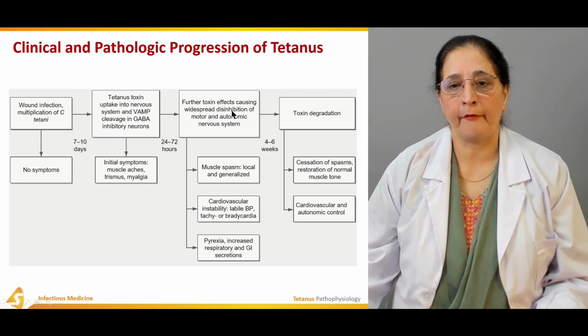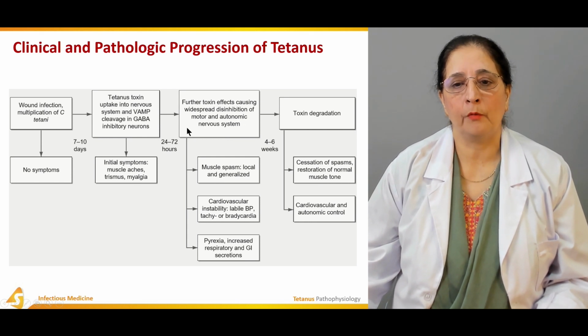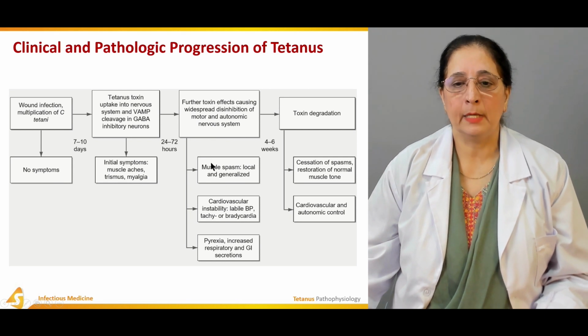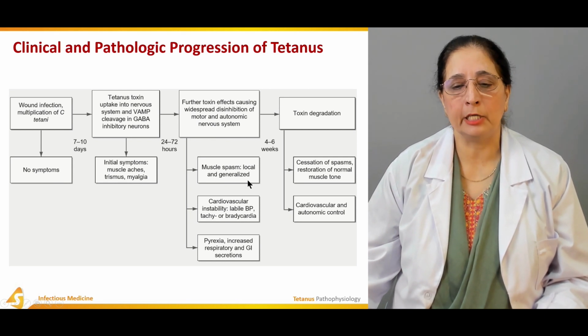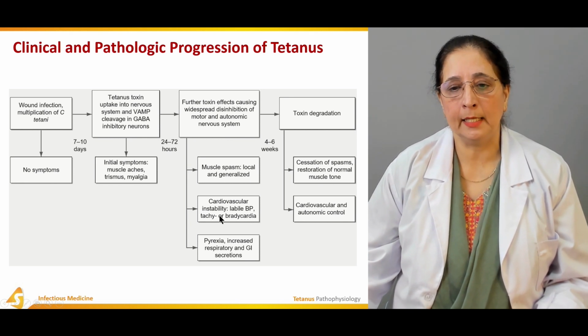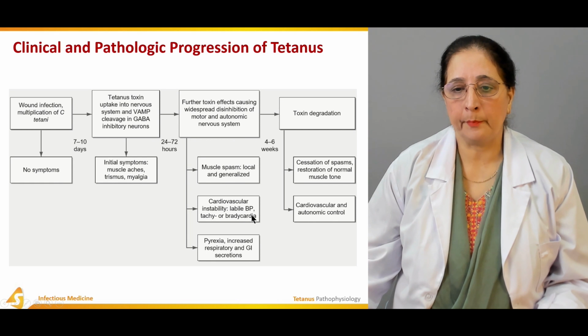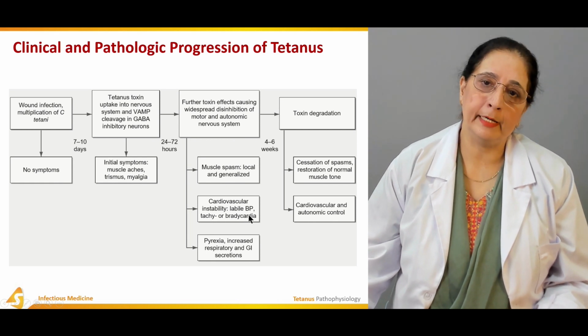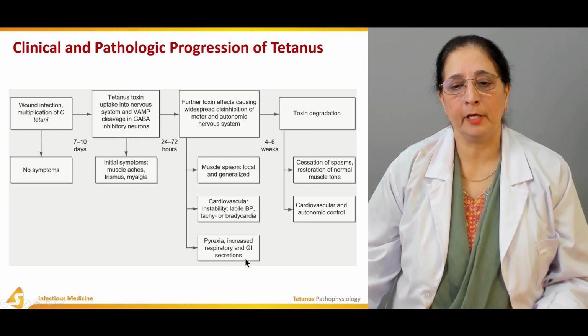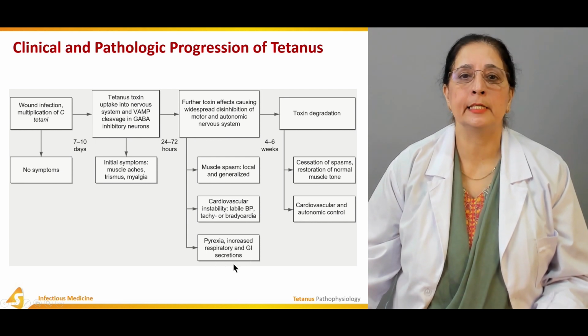Further toxin effects cause widespread distribution in the motor and autonomic nervous system: muscle spasm, local and generalized, cardiovascular instability, labile blood pressure, tachycardia or bradycardia, pyrexia, and increased respiratory and gastrointestinal secretions.